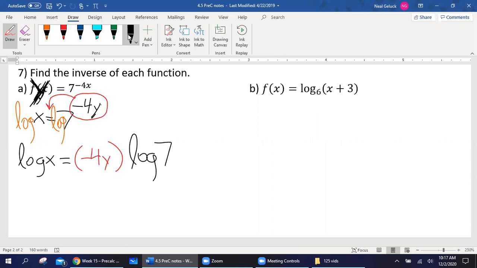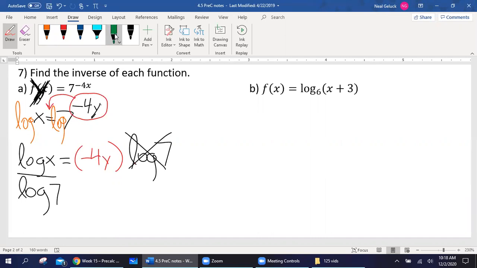Again, I'm trying to get y by itself. So I would divide over the log 7. So that's gone. And then the last step would be to divide by negative 4.